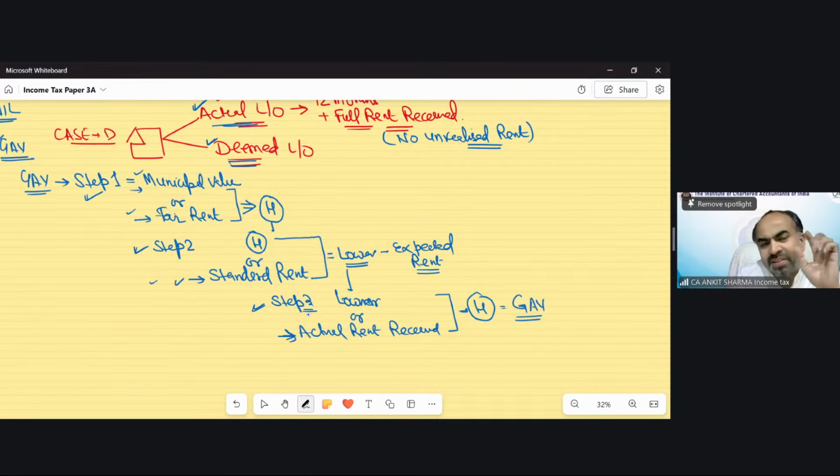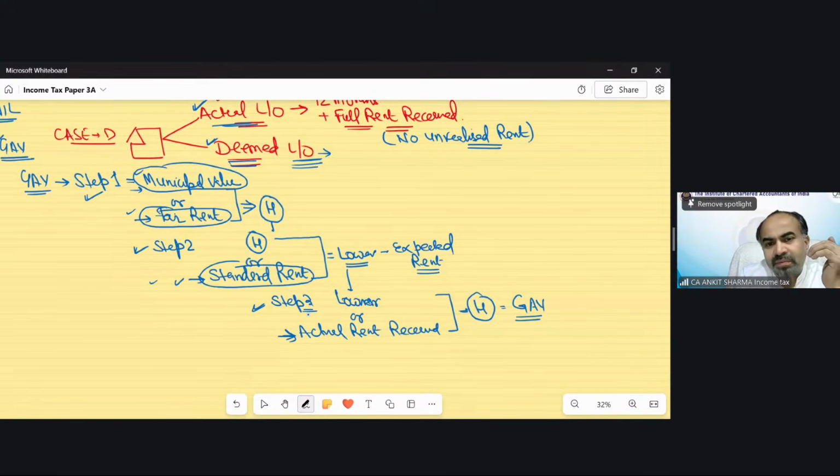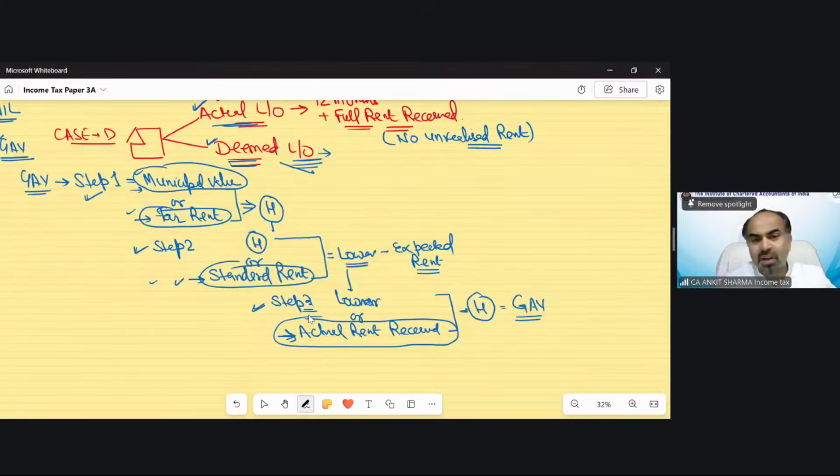But I guess you understand one thing, that if the case is for deemed let out, can you identify that out of these 4 values, municipal value, fair rent, standard rent, and actual rent received, in case of deemed let out, which value will not be given in the question?